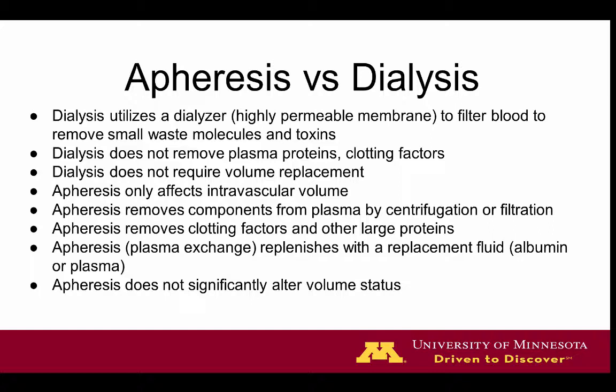It does not get at the proteins in the plasma, such as immunoglobulins or clotting factors. And since everything that's being processed by the machine is being replaced or being reinfused into the patient, it does not require volume replacement. Alternatively, apheresis removes components from the plasma and requires replenishment with replacement fluid.